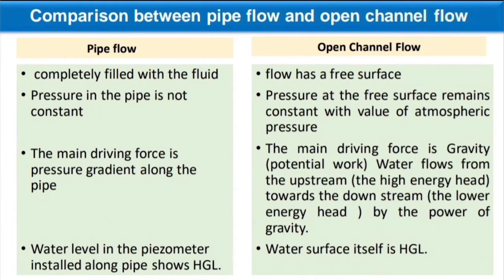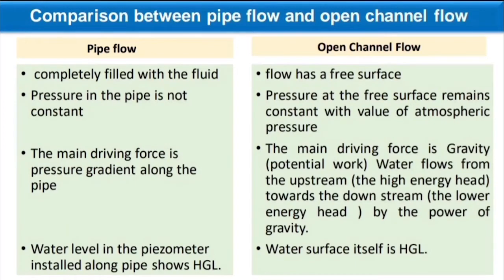Comparison between pipe flow and open channel flow. In pipe flow, it is completely filled with the fluid, whereas in open channels, the flow has a free surface. Pressure in the pipe is not constant, it's varying. Whereas in open channel, pressure at the free surface remains constant with the value of atmospheric pressure.